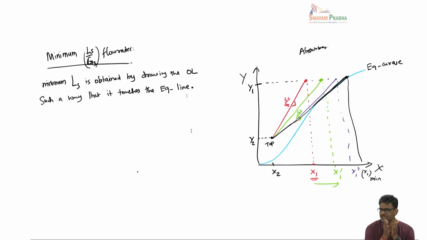But look at these curves and see what happens when you keep on decreasing the slope of this line going towards the minimum operating line, where it just touches the equilibrium line. What is happening to the driving force? Driving force is diminishing, right? So if the driving force is diminishing, but with a fixed inlet and outlet composition, if you want to achieve this, what about the height of the column that you have to provide?